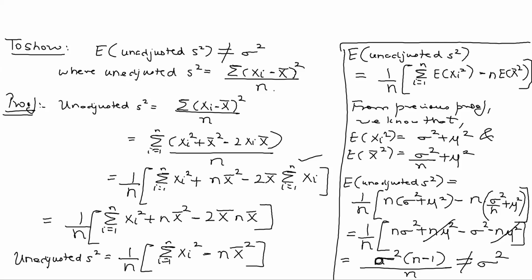So we have shown that the unadjusted s square is a biased estimator of sigma square. Why? Because we have shown that expected value of unadjusted s square is not equal to sigma square.